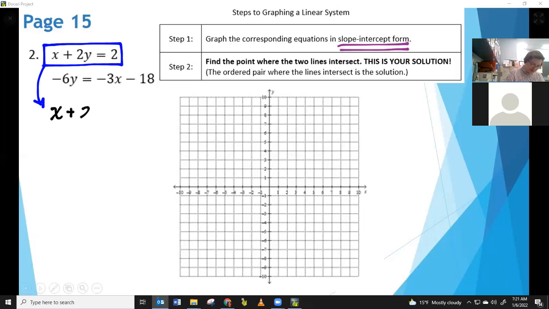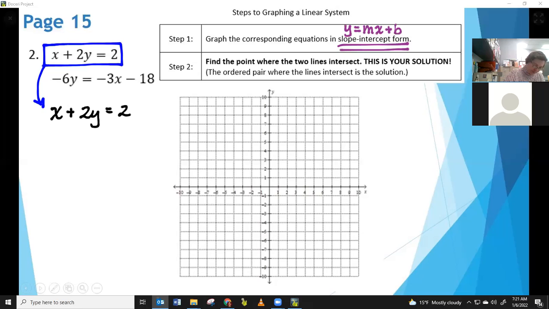X plus 2y equals 2. Remember, our slope-intercept form is y equals mx plus b form. What do I need to do to x plus 2y equals 2 to put it into mx plus b form?